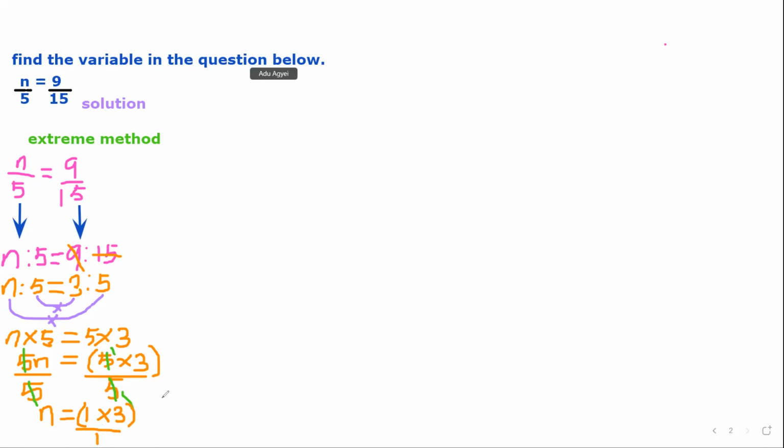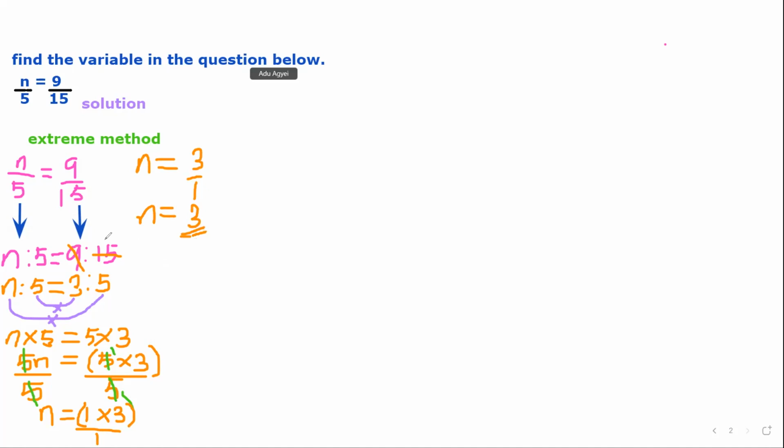Okay, good. Let me continue from this side. Therefore, n is equal to 1 times 3 is 3 here over 1, and n is equal to 3. Okay, good.